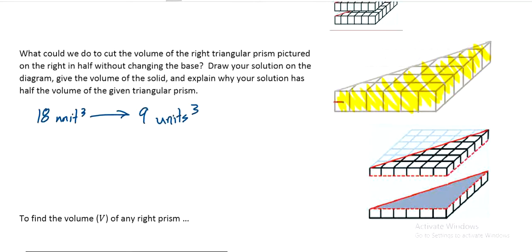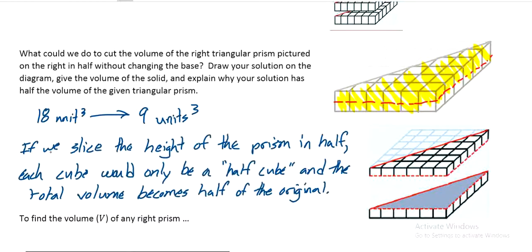That's because in the diagram they took whatever instrument and they cut along that red dotted line there. Well, at least as close to a dotted line as I could do freehand. So to answer this, we will write, if we slice the height of the prism in half, each cube would only be a half cube, and the total volume becomes half of the original.